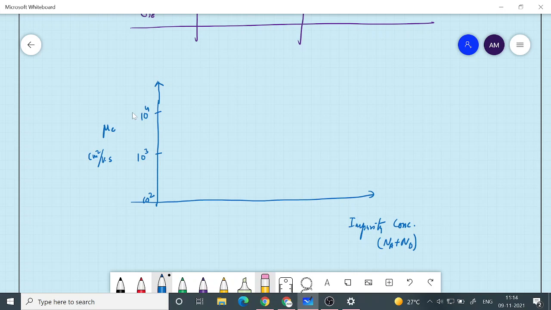Now for silicon, this is all drawn for a particular temperature, that is T equal to room temperature, 300 degrees Kelvin. If you look at the x-axis, it starts from 10 raised to 14. This is also logarithmic: 10 raised to 15, 10 raised to 16, 10 raised to 17. These are the normal doping concentrations that we use. Heavy doping means the right hand side, 10 raised to 18, 10 raised to 19.